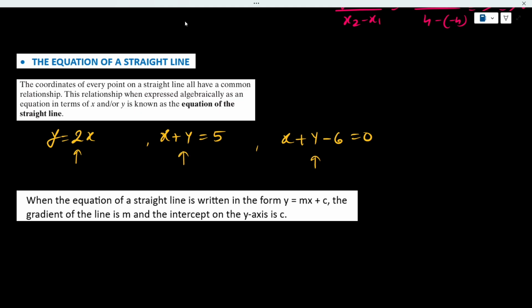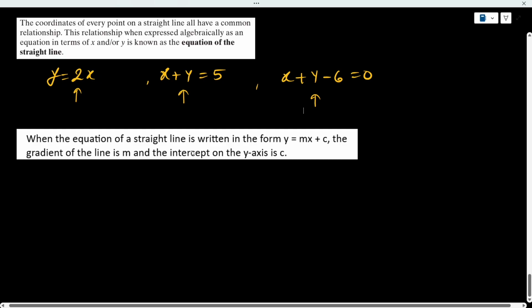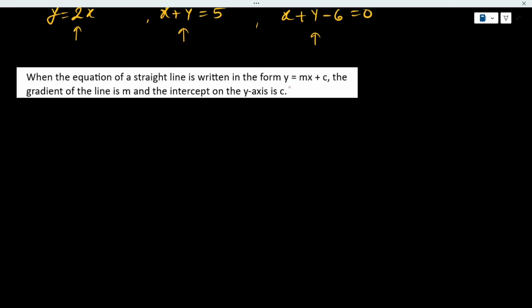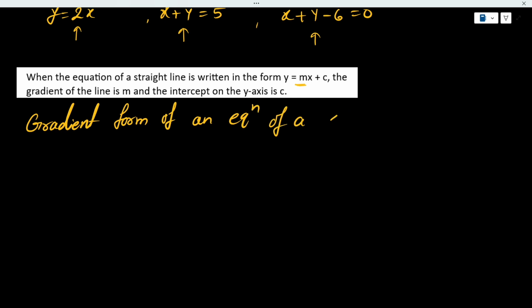But how do we use the slope to make the equation of the straight line here? You are calculating slope or gradient, which we call m. So you have to remember, this is called the gradient form of an equation of a straight line.